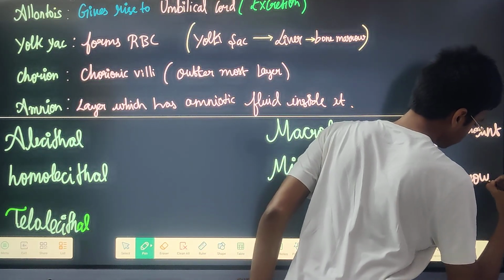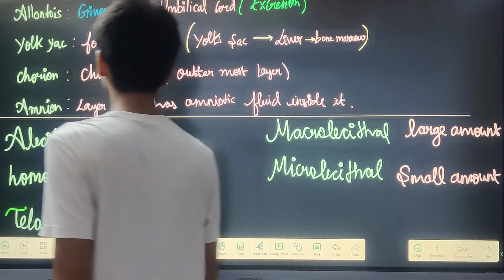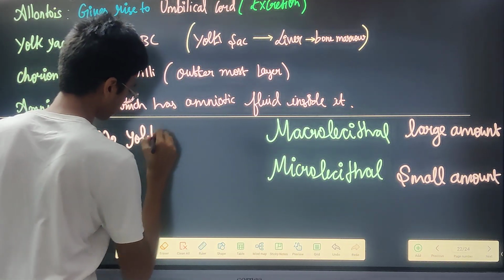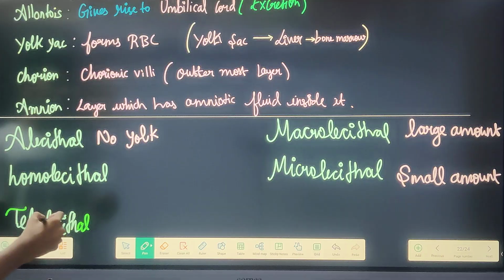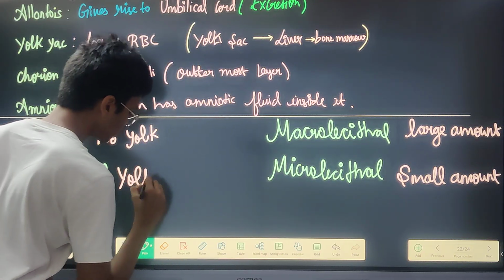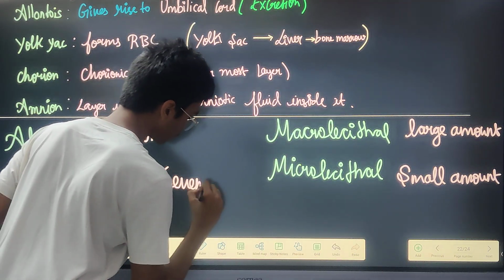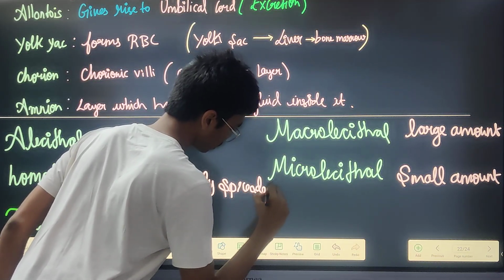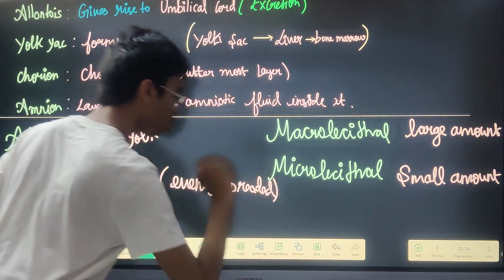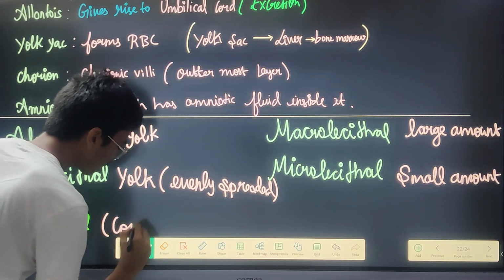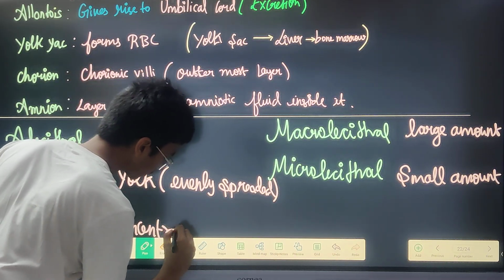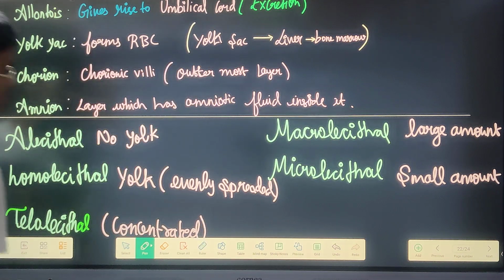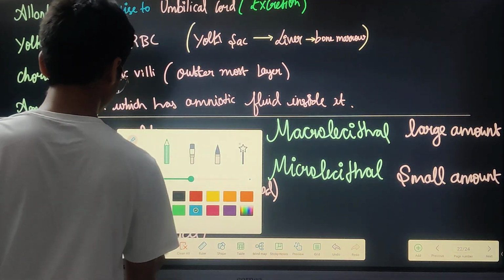Alecithal has no yolk at all. Homolecithal means yolk is evenly spread all over. Telolecithal means it is concentrated in a particular point.